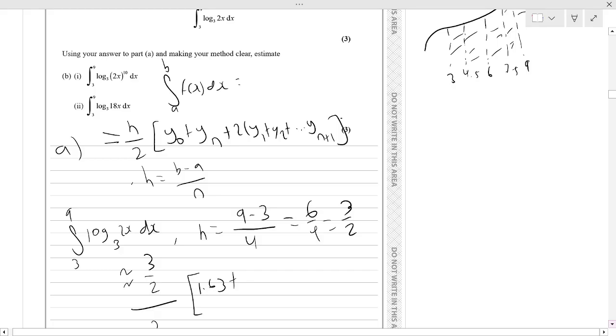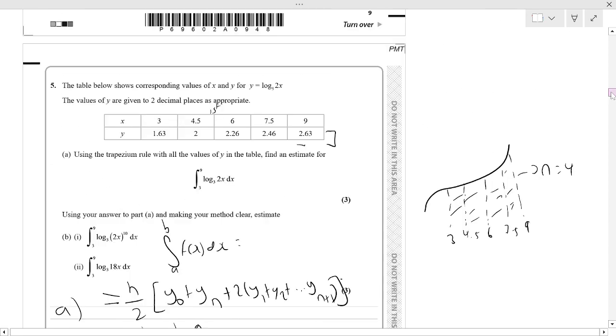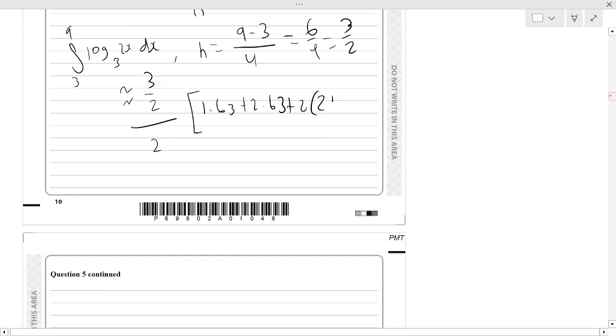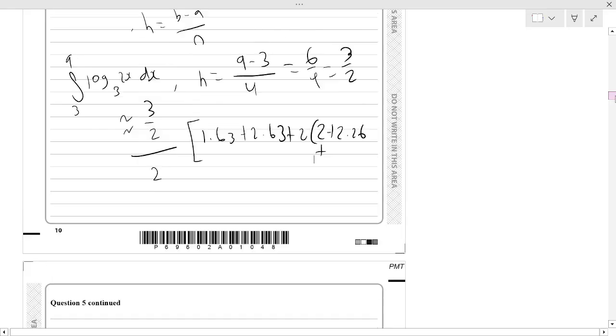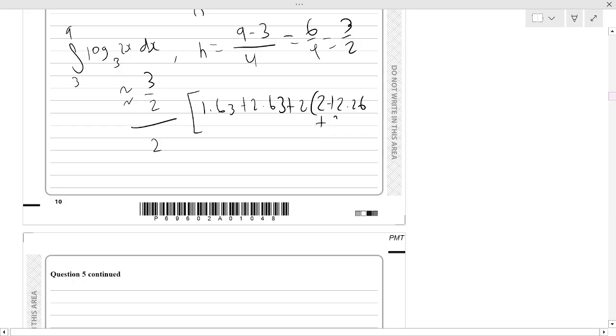So 1.63, let me make that a bit clearer, 1.63 add 2.63. And then we're going to have 2 lots of everything else. What are the other points then? 2, add 2.26, add, what was the other one? 2.46.